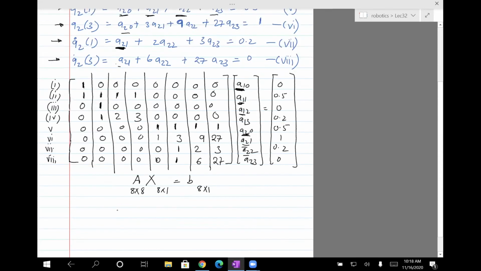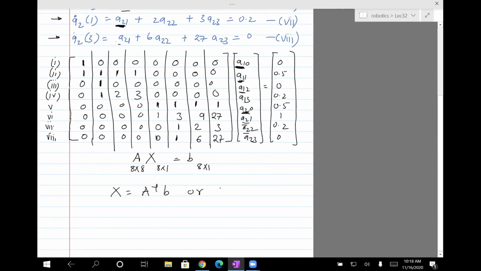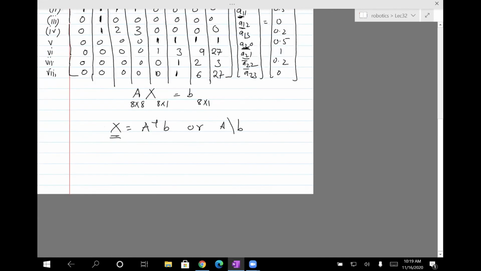Okay, so all I need to do in MATLAB is to do X equals A inverse B, or the better way to do it is to use the backslash. It will give you the same answer. So these will give you the coefficients of a's, or the coefficients of the two polynomials. Once you have those polynomials, the constants, you can then reconstruct the q1 and q2. And once you reconstruct q1 and q2, you can then do plots.